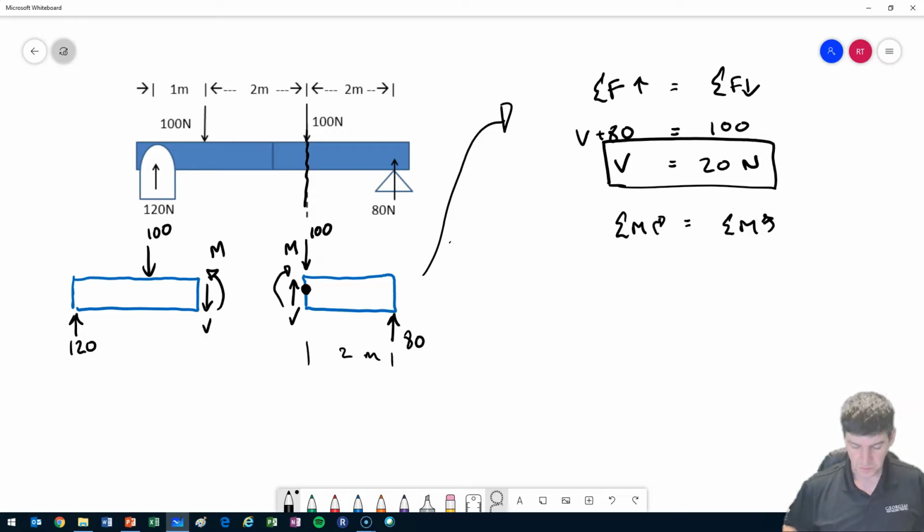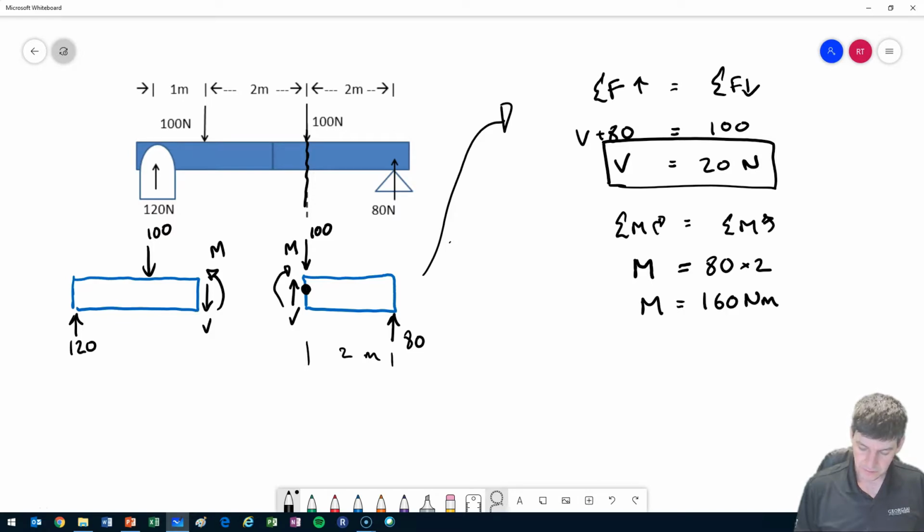So those guys won't create a moment. However, I got to make sure I don't forget M. M is at the cut, so M is going to be equal to 80 times 2, and M in this case would be 160 Newton meters.